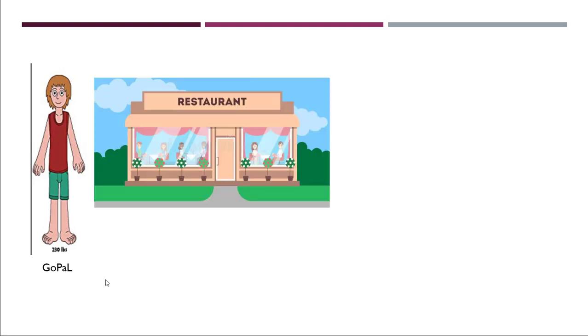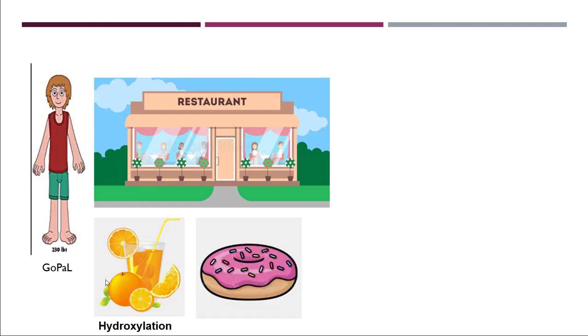Now this Gopal guy went to a restaurant and he takes orange juice there. Why orange juice? Because it has water and vitamin C in it. So this process is basically hydroxylation for me. Okay, and then he eats a donut there, so he is actually having glycosylation.